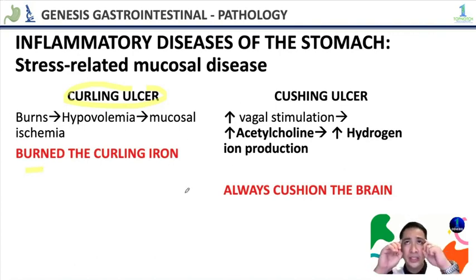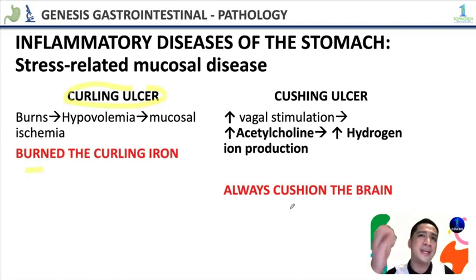In patients with increased intracranial pressure, or shall we say intracranial injury, there is stimulation of the vagal nuclei. And with this vagal stimulation, there is an excess of acetylcholine production that will cause hydrogen ion production. So Cushing, always Cushing with brain injury. That's how you remember the two stress-related mucosal diseases.